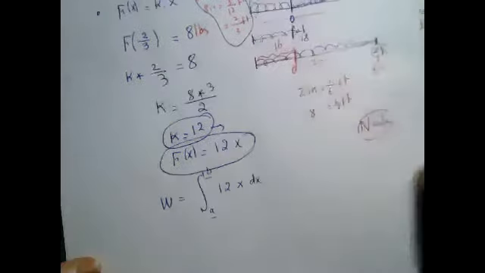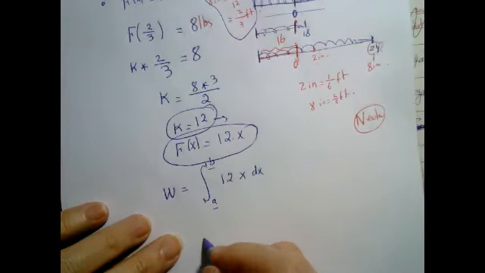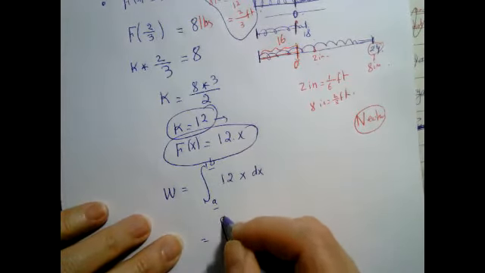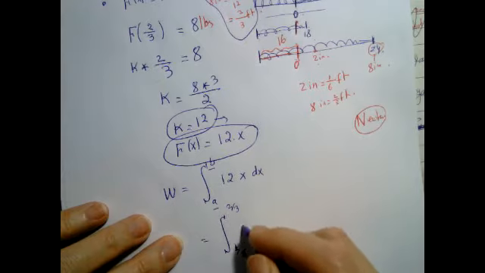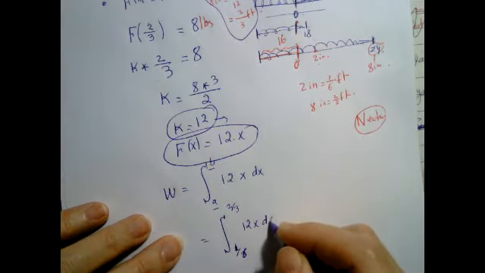So now the work will become, the lower limit is only how much we stretched, not the total length. So I'm removing the total length. So it's going to be 1/6, all the way to 2/3 of 12x dx.